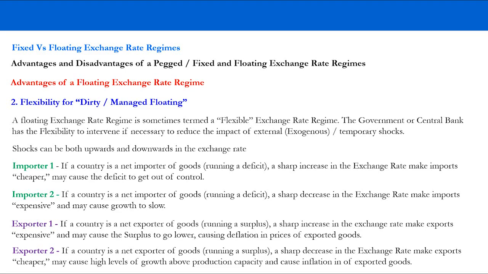So let's look at a couple of theoretical examples here to get a better understanding of what we mean. So if, for example, you're an importer, so you're a country that's a net importer of goods, so you're running a deficit, a sharp increase in your exchange rate due to an exogenous shock, so a shock that's outside of your control, can make imports cheaper.